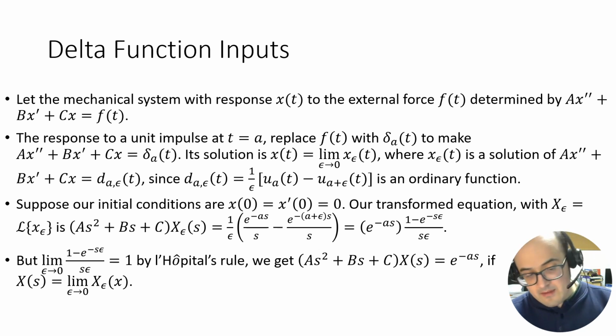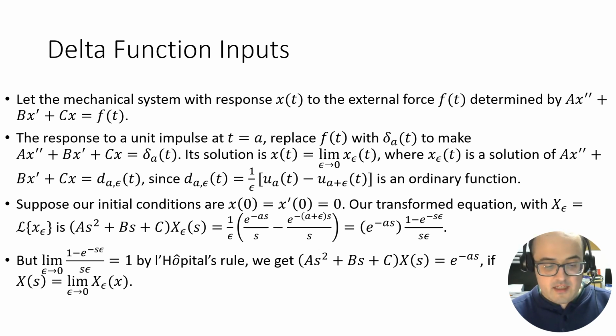So if we utilize the initial conditions, x of 0 equals x prime of 0, both being 0, the Laplace transform of x sub epsilon is a times s squared plus bs plus c times that Laplace transform capital X sub epsilon of s, equal to 1 over epsilon times e to the negative as divided by s minus e to the negative of a plus epsilon times s divided by s.